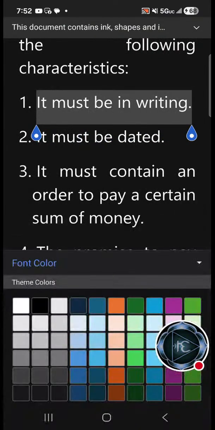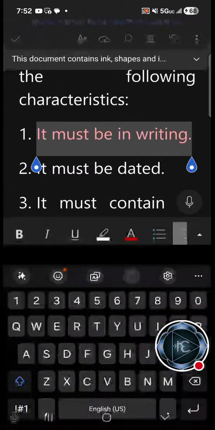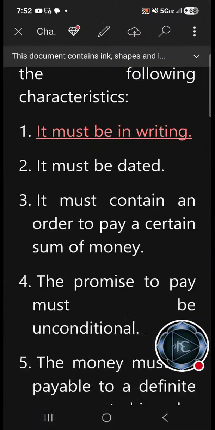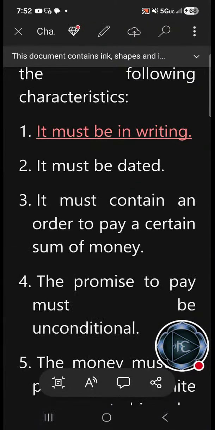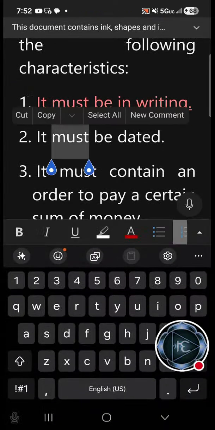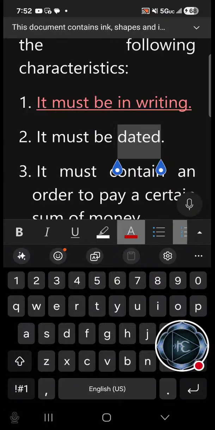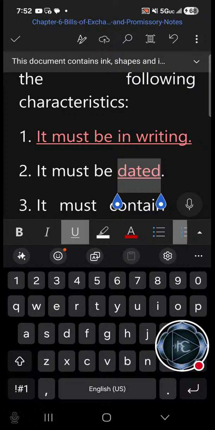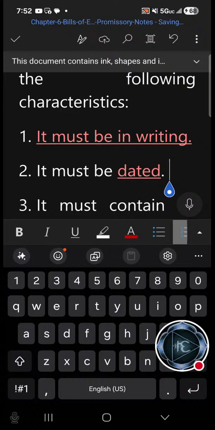Let's first identify that. It must be dated. All right, let's only highlight the word dated. Why? Because that factor includes words that determine a time.